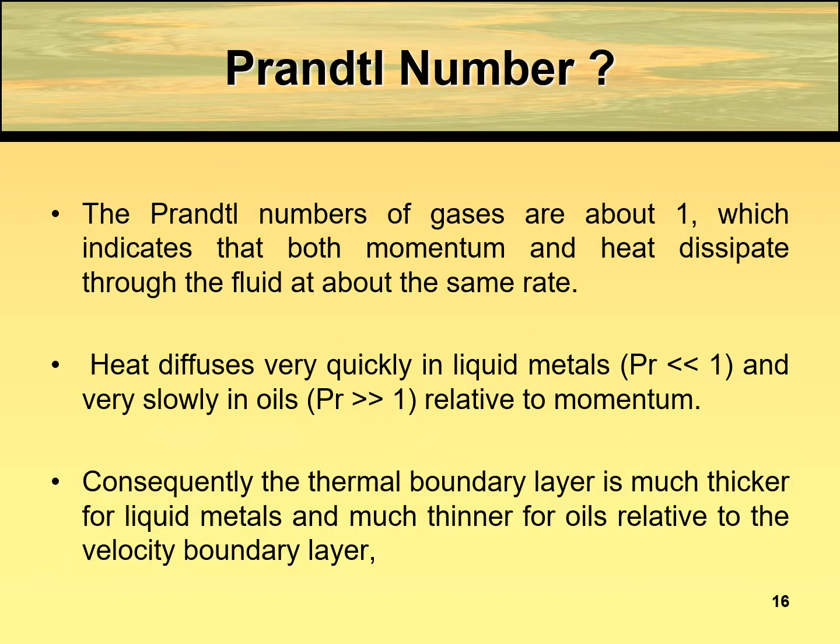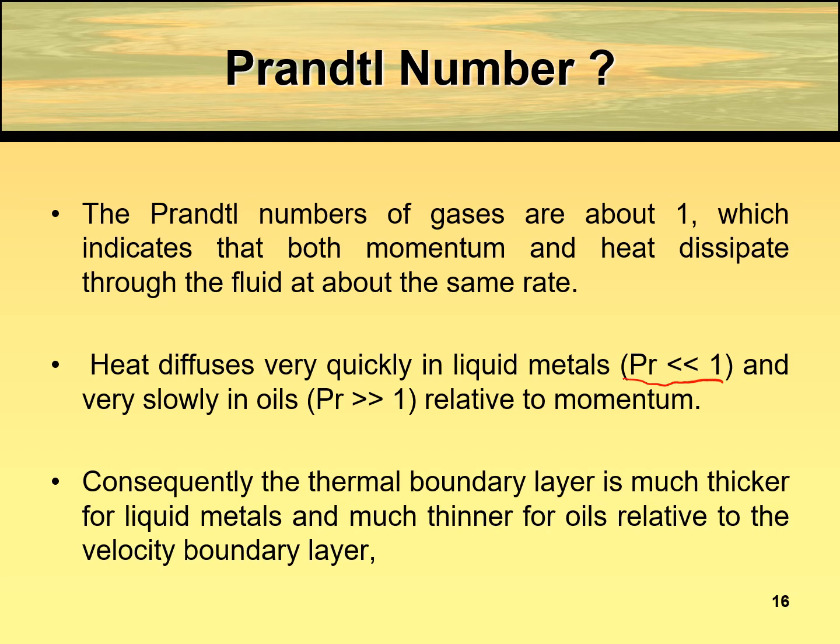So what it means here is that when the Prandtl number of gases is about 1, it indicates that both momentum and heat dissipate through the fluid at about the same rate. Heat diffuses very quickly in liquid metal because the Prandtl number is less than 1.